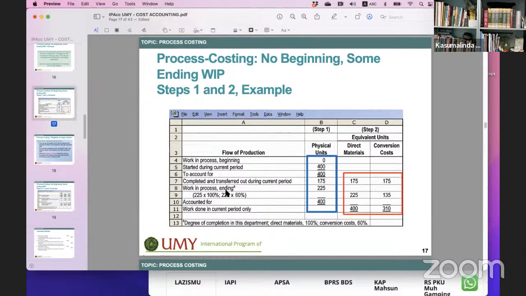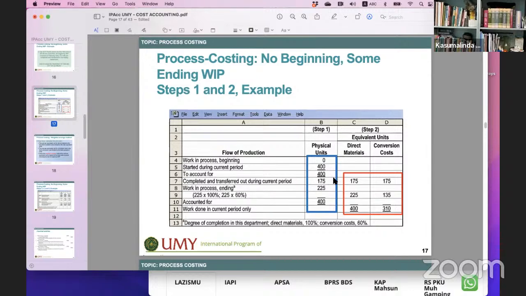This first part is the units that we work with during the beginning of the month, and the last two parts are the results at the end of the month. Some are completed units, and some are not yet finished and stay as ending work in process.